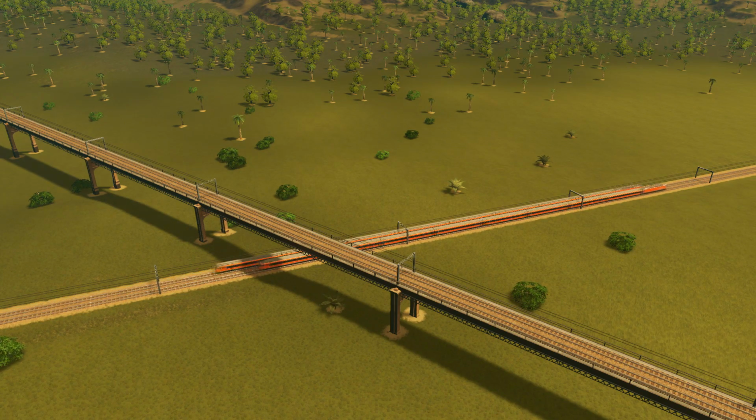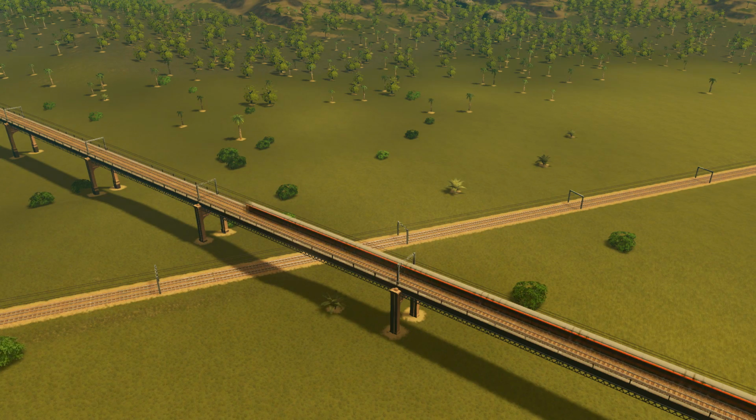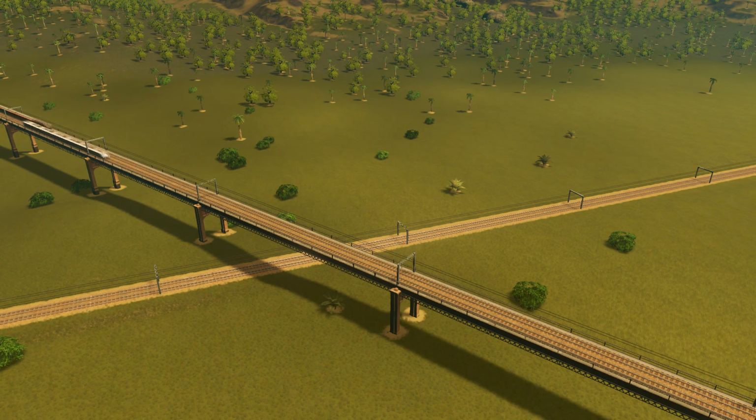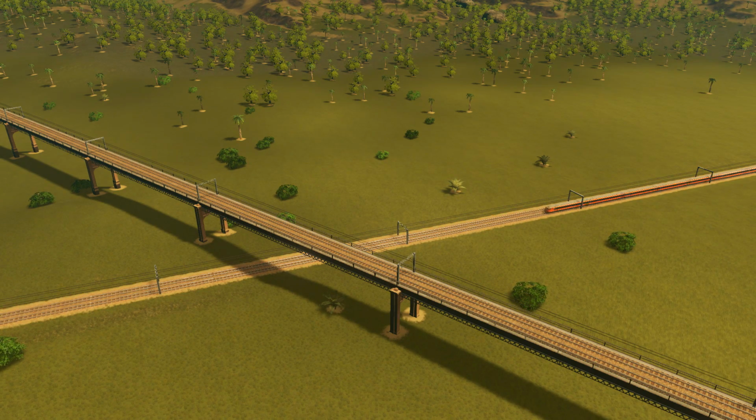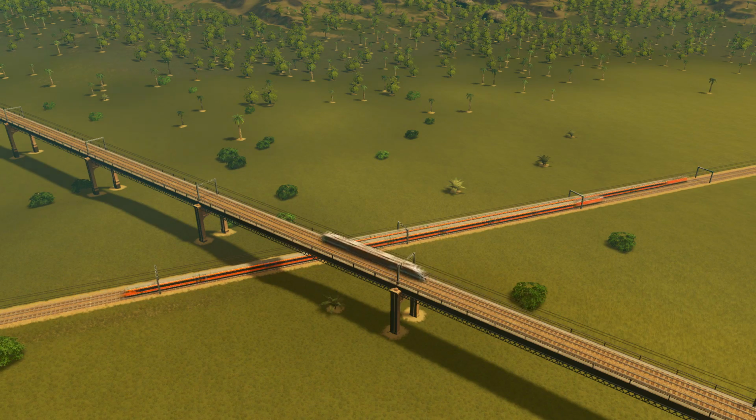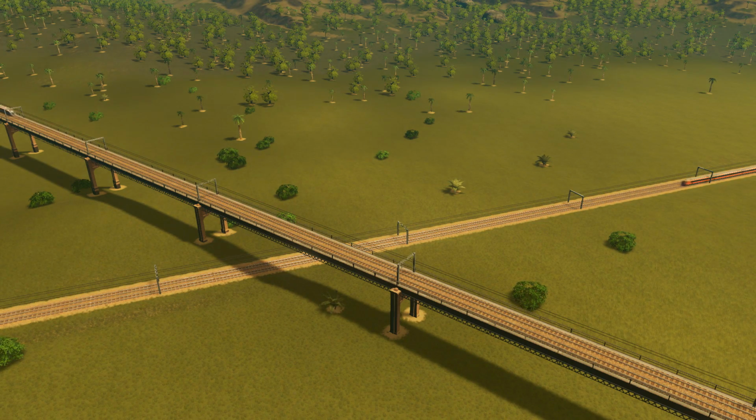In practice, that means designing low grades and very high curve radii. Also, grades should be constant over long distances, and changes in grade should not be very big. For example, I can't design a sudden change in grade from climbing 1% to going down 1% without smoothing the railroad a bit in between.